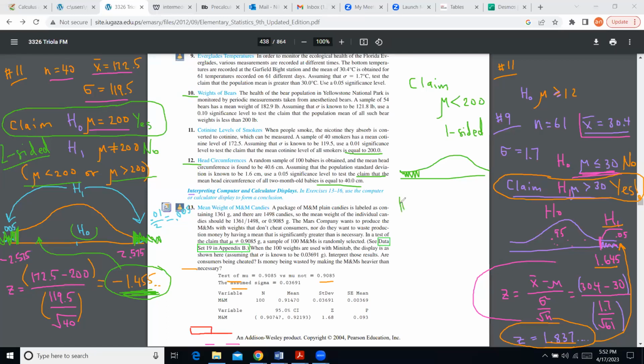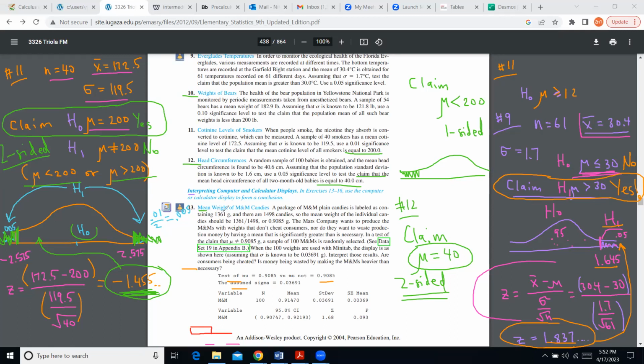In exercise number 12, our claim says equal, right? Mean is equal, so it's going to be two-sided, because equal means the opposite is not equal, so it'll be either less than or greater. So equal means two-sided, not equal or less is one-sided.